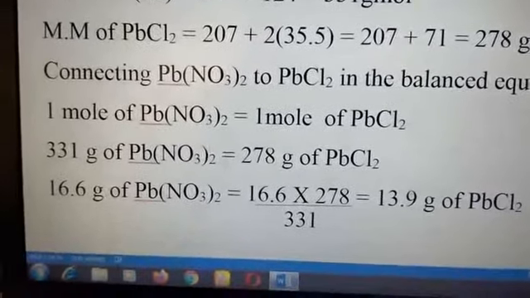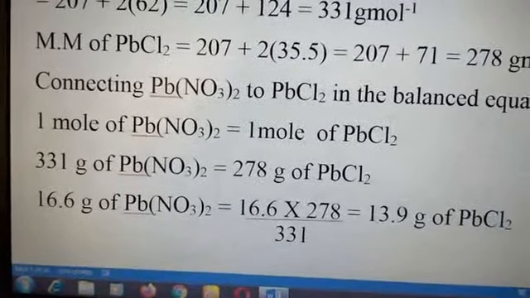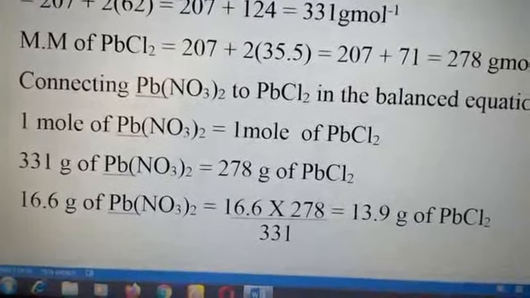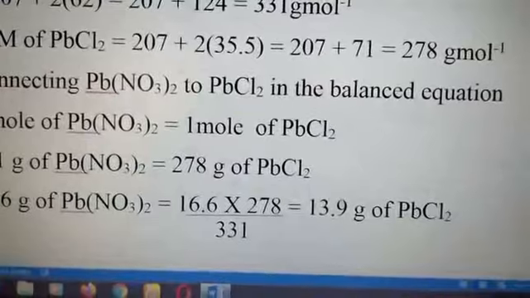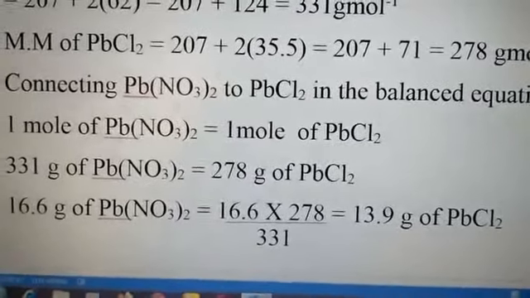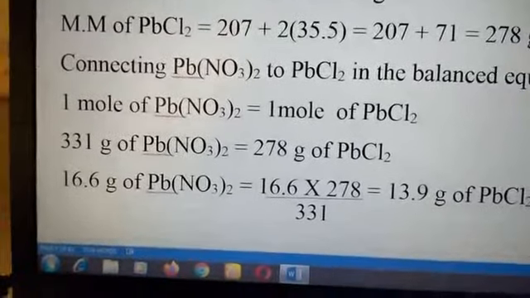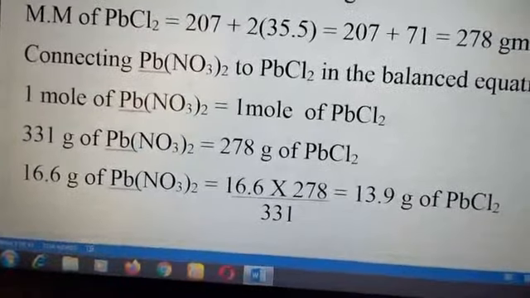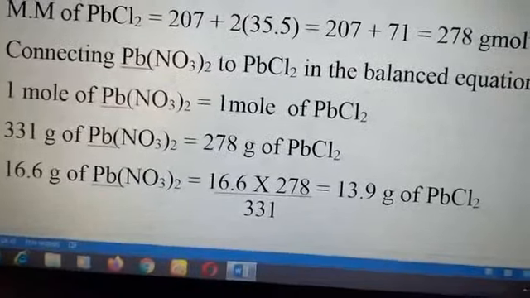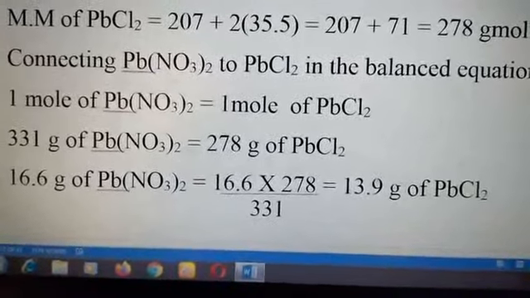Then you know that 1 mole of a substance is equal to its molar mass. So I say 331 grams of lead nitrate produce 1 mole of lead chloride, which is the molar mass, also 278. Replace the moles by the molar masses. Therefore, 16.6 grams, the mass of lead nitrate given in the question, will produce 16.6 times 278 all over 331.